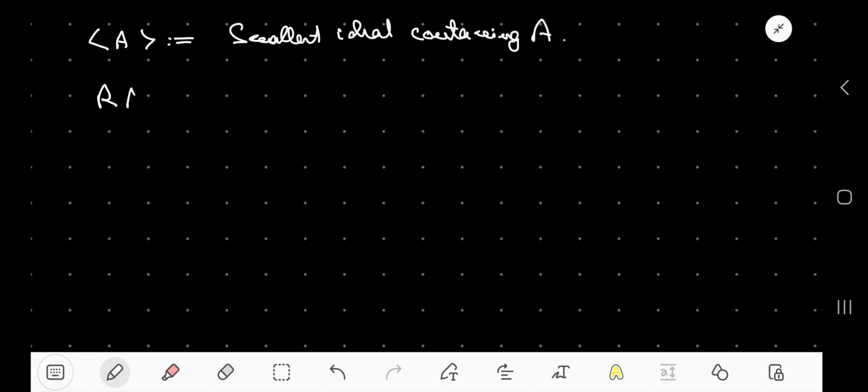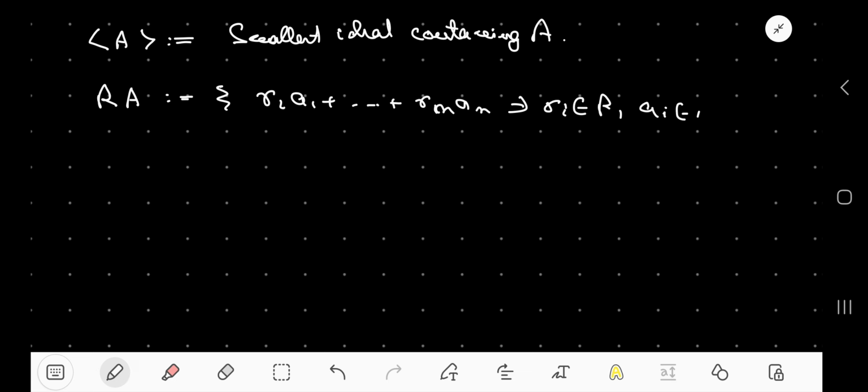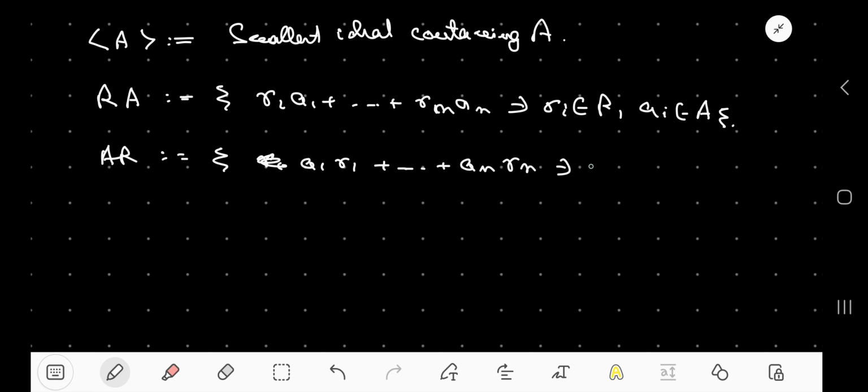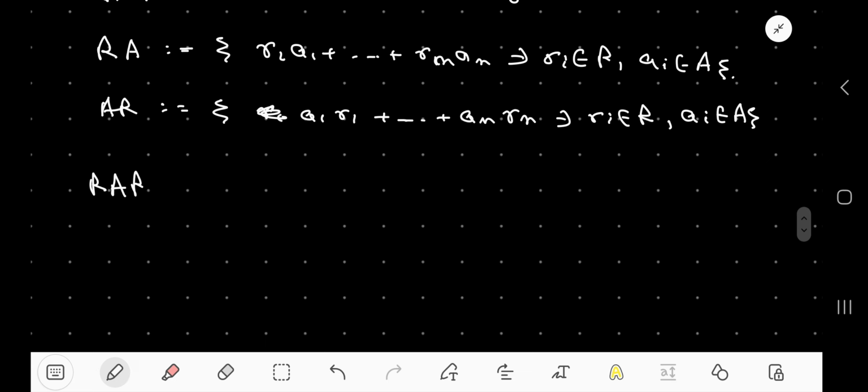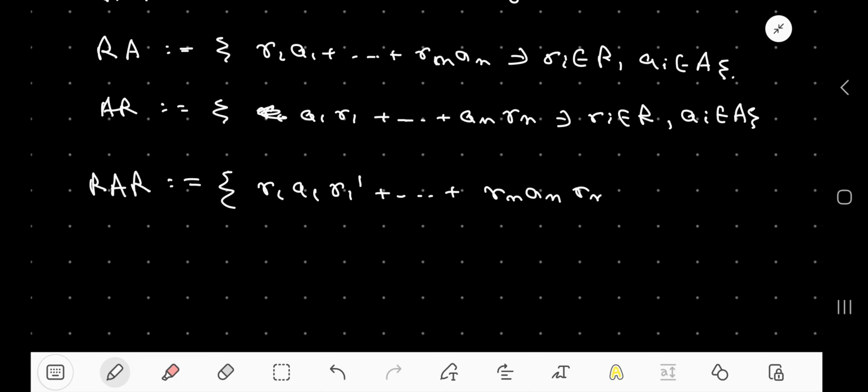So I consider this structure, defined as the elements of the form r1a1 plus r2a2 and so on till rnan, such that each ri comes from capital R and each ai comes from capital A. Similarly, we define AR, which is analogous: a1r1 plus and so on till anrn, again with each ri from R and each ai from A. Similarly, the structure RAR has a natural definition: r1a1r1' plus and so on till rnanrn', where each ri comes from R and each ai comes from A.